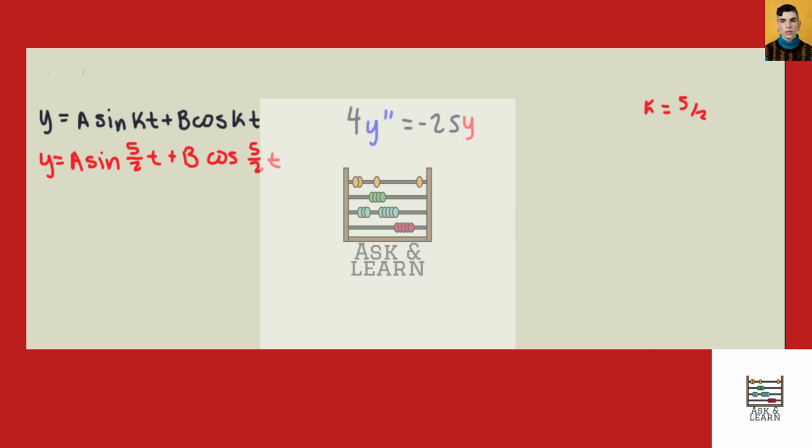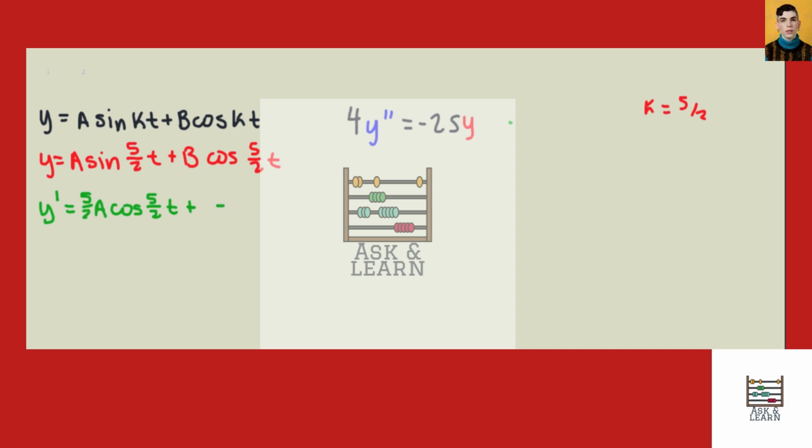And we still need to be able to use this equation here, so we need to go all the way up to y double prime. So first let's take the derivative. So a is a constant, so still using chain rule, take the derivative of the outside, sine goes to cosine, leave the inside the same, times the derivative of the inside, which is 5 over 2. And do the same thing here. B is a constant, so we're going to take the derivative of the outside.